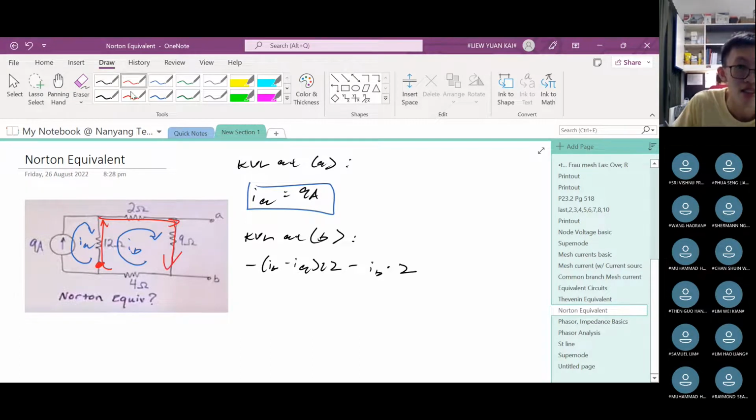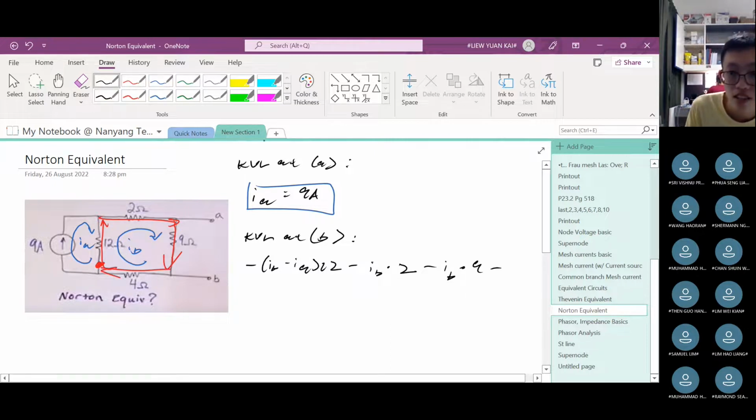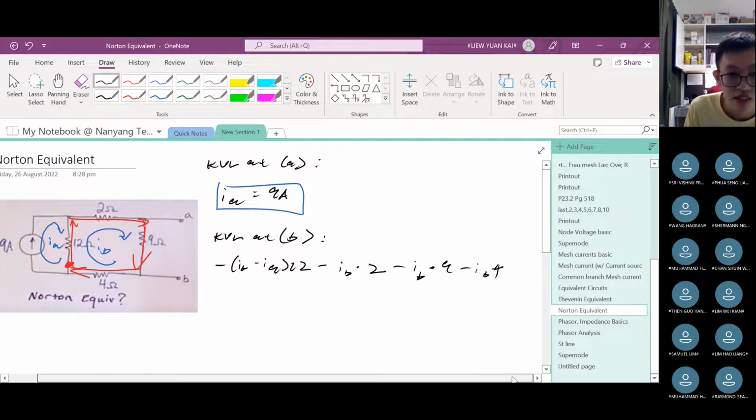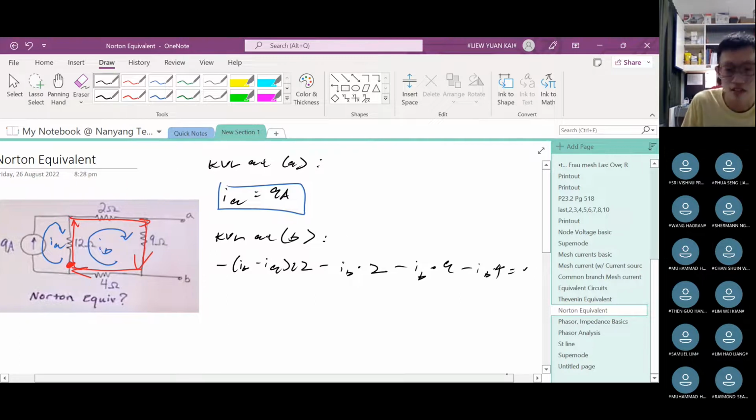Then minus IB times 9. Then go to here. This is IB times 4. Then we start back, so we just equate it all to 0, right? KVL.